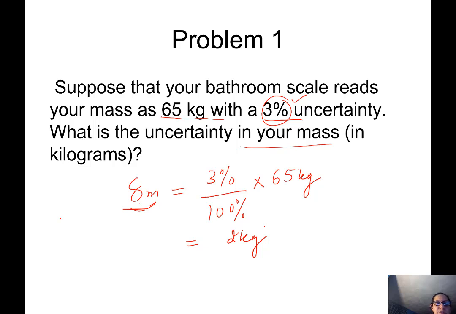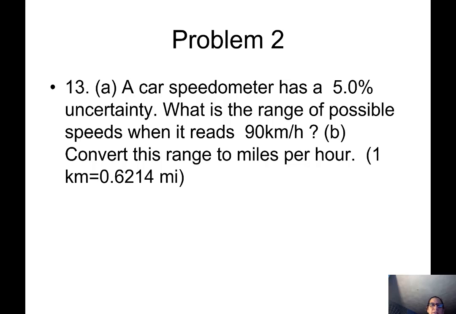So if you rewrite this number, the mass is 65 plus minus 2 kgs. There is a plus minus 2 kg uncertainty in this mass. It can be 67 or it can be 63. That's the range.